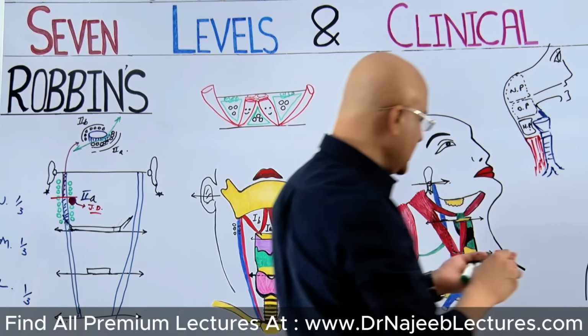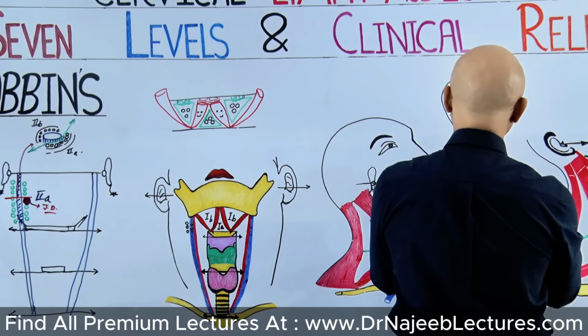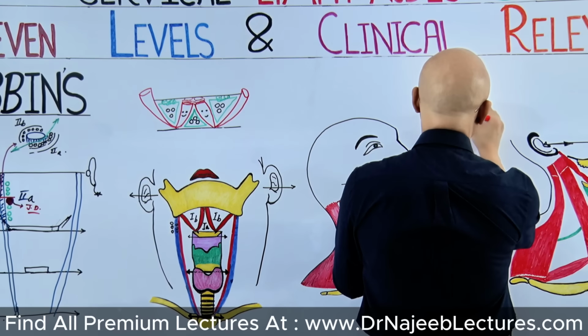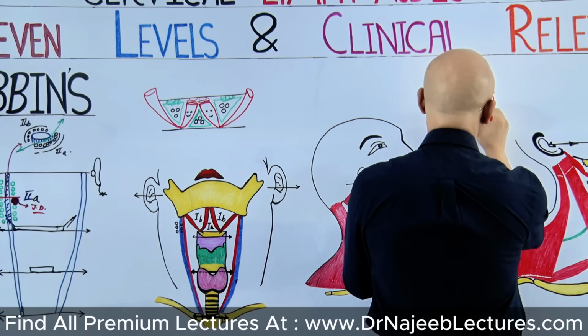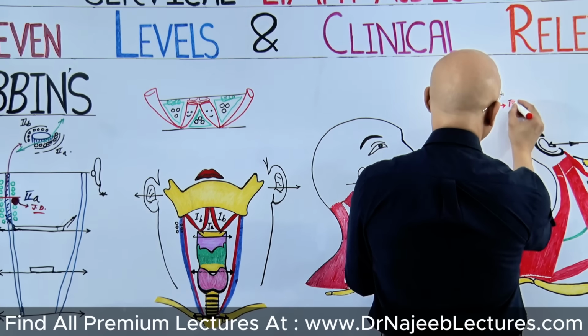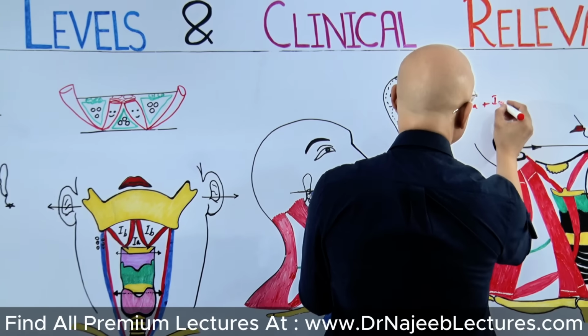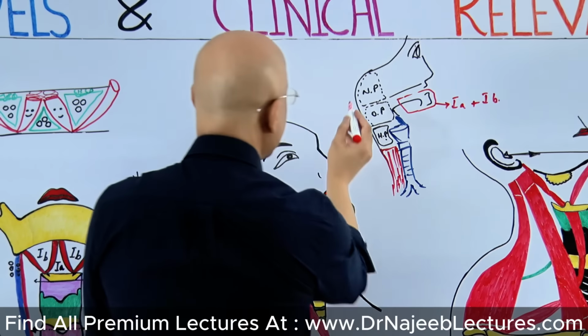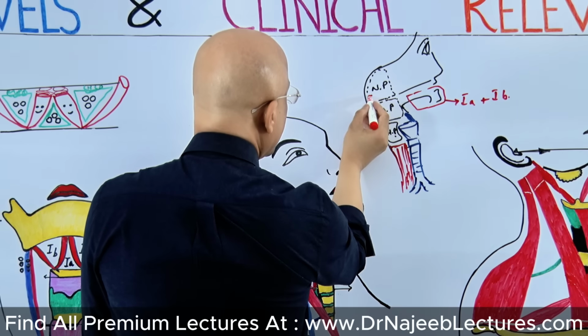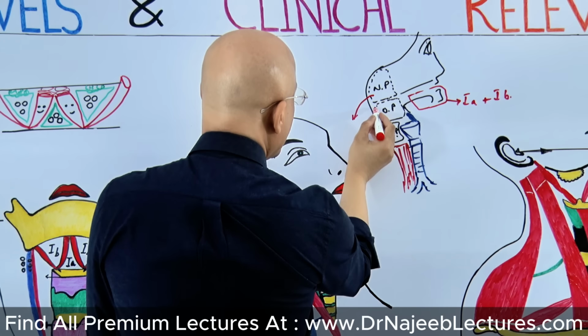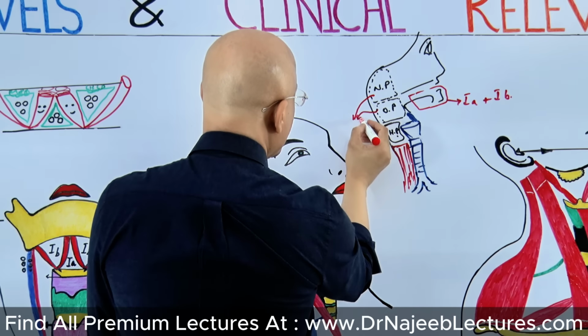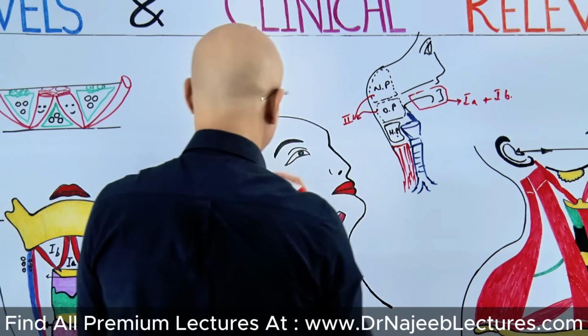So now you can see here that cancers which were taking origin from the floor of, what was this? They were coming to level 1A and 1B, right? But cancer which is coming from here, these two love to come to level 2.